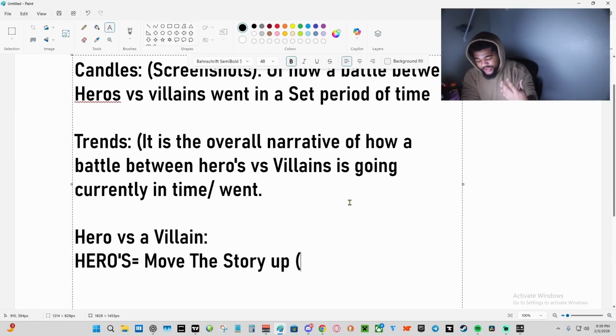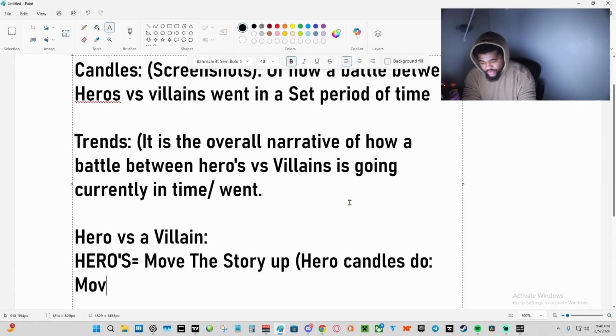So, what do hero candles do? They move up, right? Hero candles move up. They look to seek the sky. They look to move towards heaven, okay?